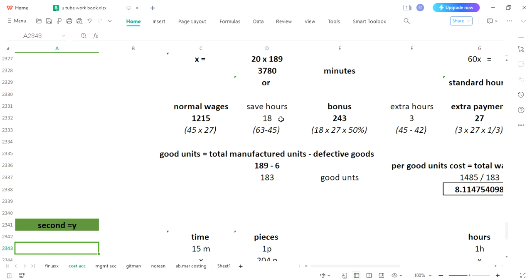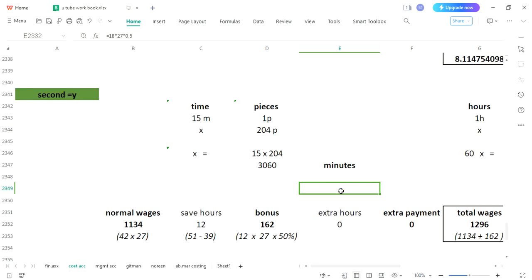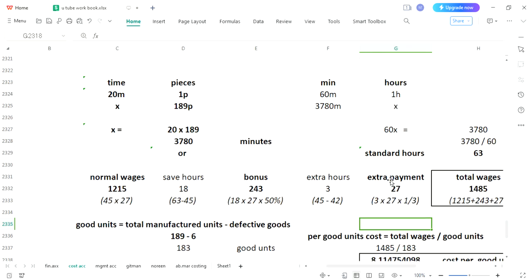Here you have calculated your answers. For X there were 243 as bonus, and for Y the bonus was 162.